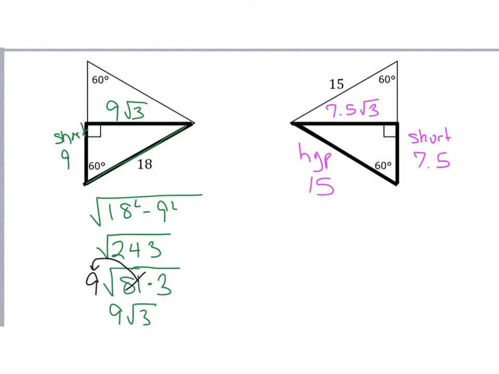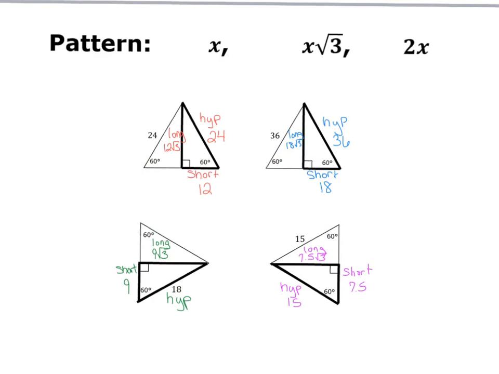If you look at the bottom of that tab, there's all the work we did. It has the x, the x square root of 3, and the 2x. You might want to write this on the bottom of your notes. The x is my short leg.